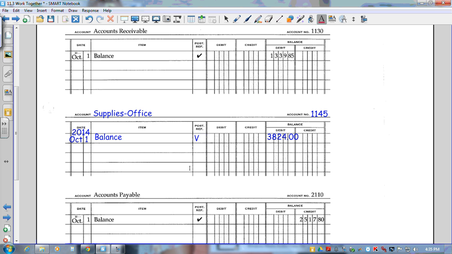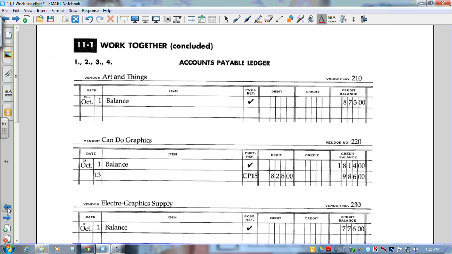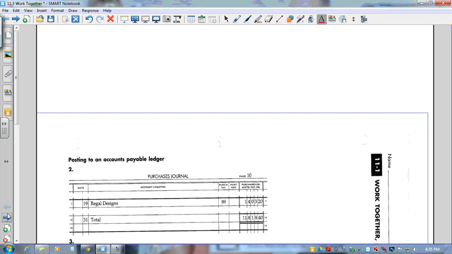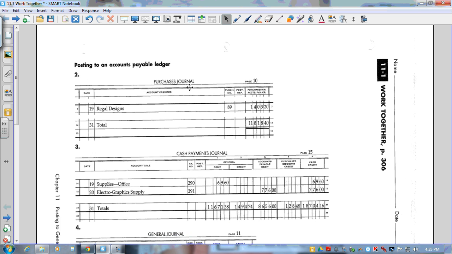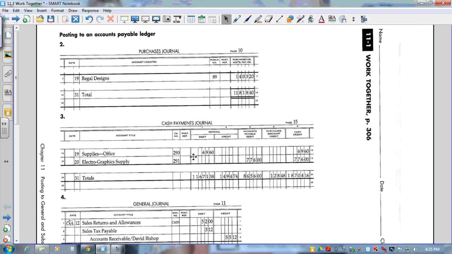Number 2 says post the October 19th general debit entry from the cash payments journal to the appropriate general ledger account. So I'm going to go to my cash payments journal. I think that was from 11.1. 11.1, work together, cash payments journal. Here it is. We're looking for the one for October 19th.